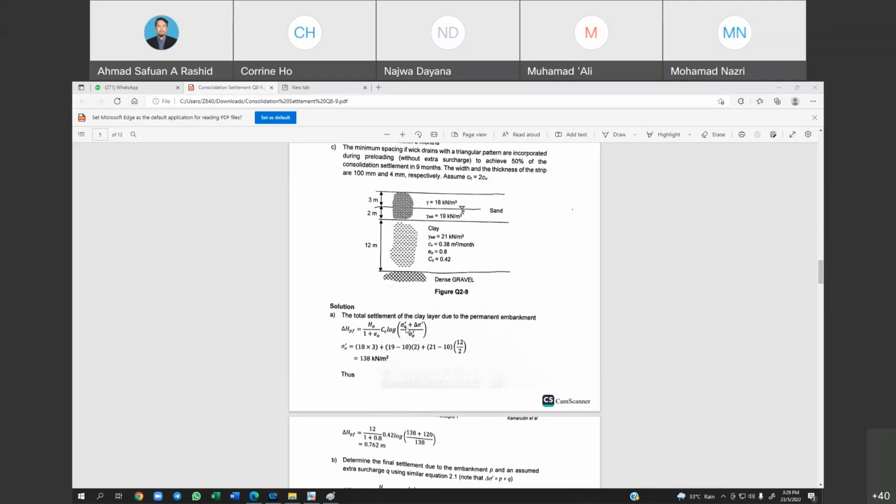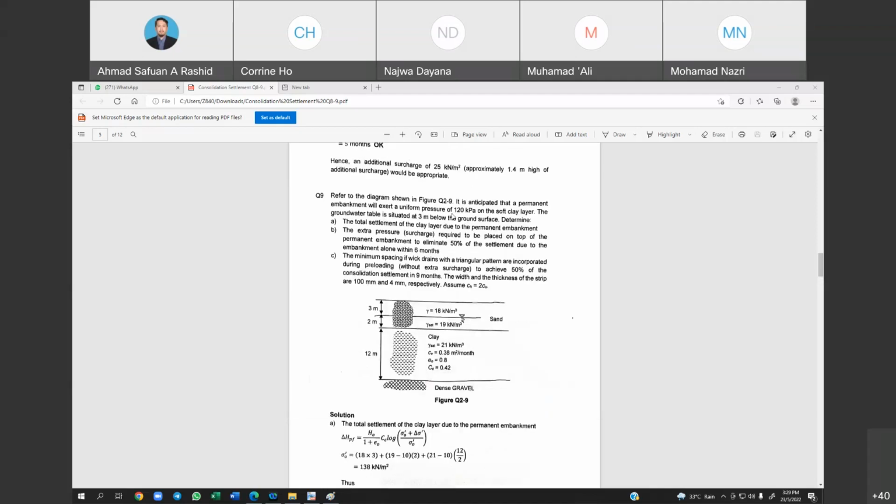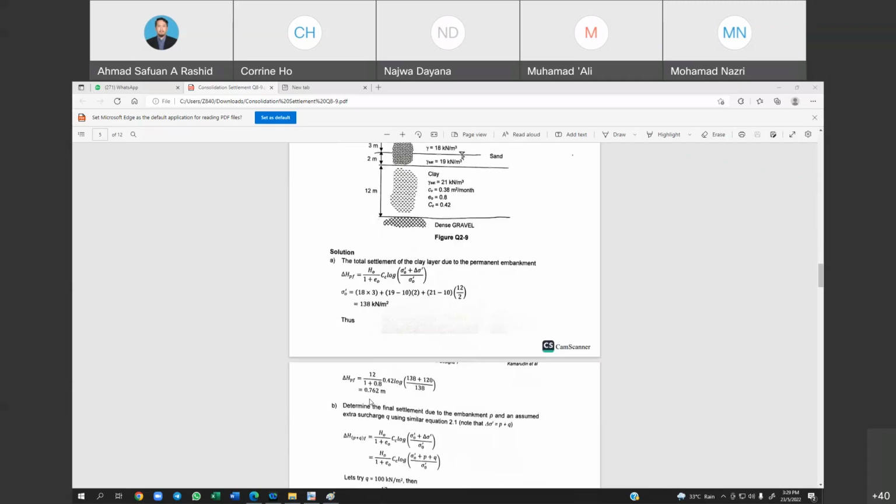Delta sigma naught is 138 based on effective vertical stress: 18 times 3, 19 minus 10 times 2, 21 minus 10 multiplied with 12 over 2. So dapat 138. Then 120 is the applied uniform pressure from the embankment. So 0.762. So that is for A.